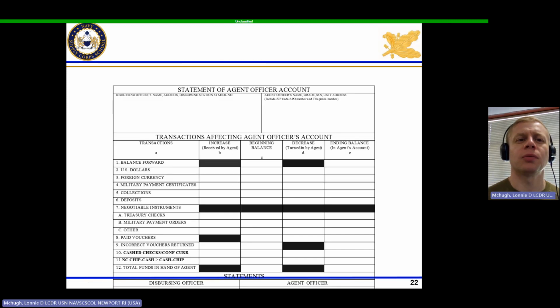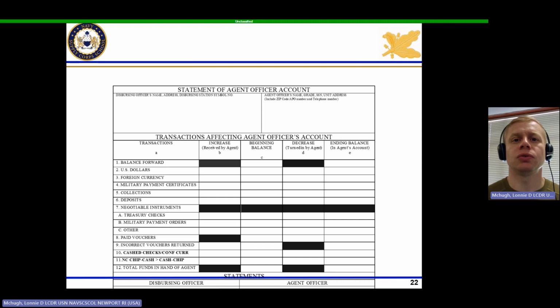All right, so here's what this form looks like. And you can see it has the header. So you see disbursing officer's name, address, DSSN, and then the agent, their name, grade, social security number, unit, address. You're not going to put the social security number on there though. Then you come down to row 1, and this is balance forward. That's your balance brought forward.